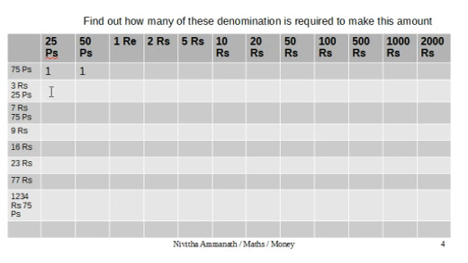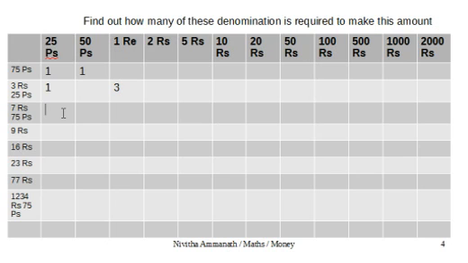Now suppose you want 3 rupees and 25 paisa, you will have to have a 25 paisa, a 1 rupee and a 2 rupee. This is how we can have it. Or the alternate way will be, you will have 3 1 rupees and no 2 rupees.